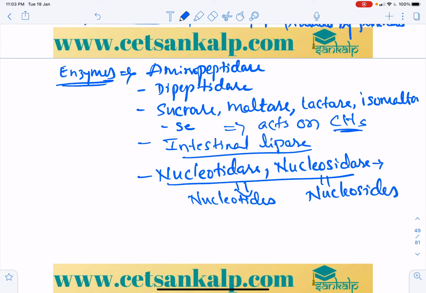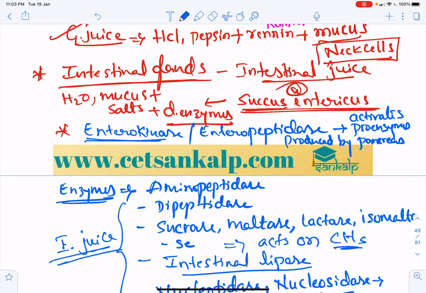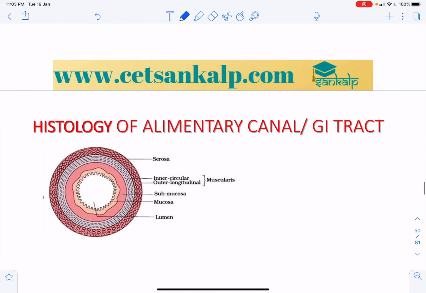We'll take that in the further physiology of digestion. So these are the enzymes seen in the intestinal juice, and they play a major role in the digestion of substrates.